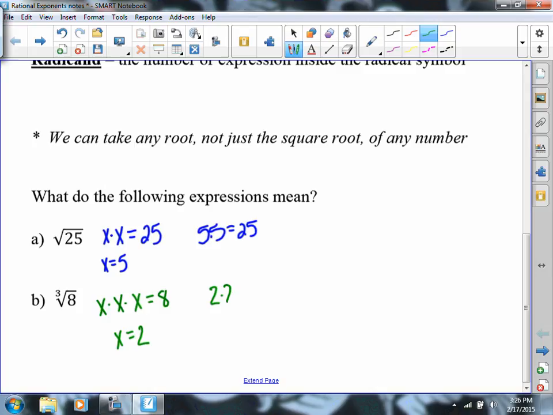So 2 times 2 is 4 times 2 is 8. So when you're taking a cubed root, you're multiplying a number by itself 3 times. If you're taking a fourth root, you'd find a number that you'd multiply by itself 4 times to get the radicand. If it was a fifth root, you'd multiply a number by itself 5 times to get the radicand, and so on and so on.